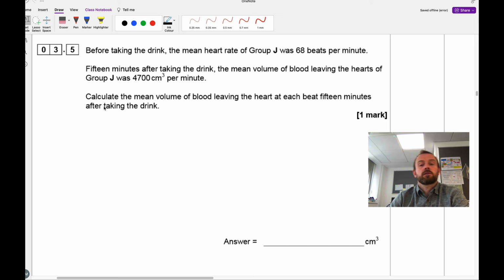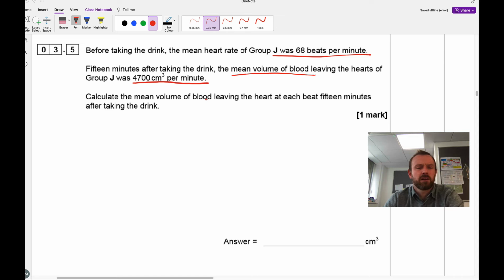Before taking the drink, the mean heart rate of group J was 68 beats per minute. 15 minutes after taking the drink, the mean volume of blood leaving the hearts of group J was 4,700 cm³ per minute. Calculate the mean volume of blood leaving the heart at each beat 15 minutes after taking the drink.